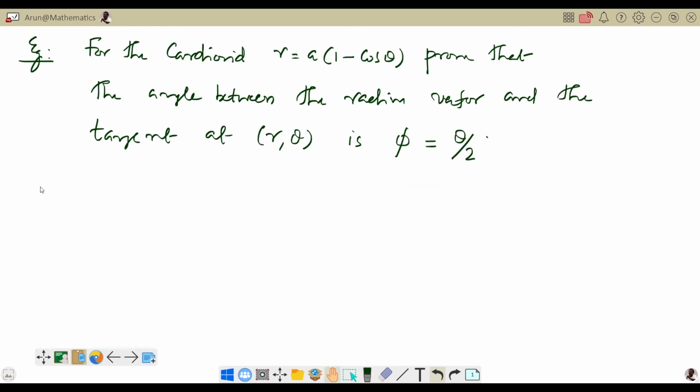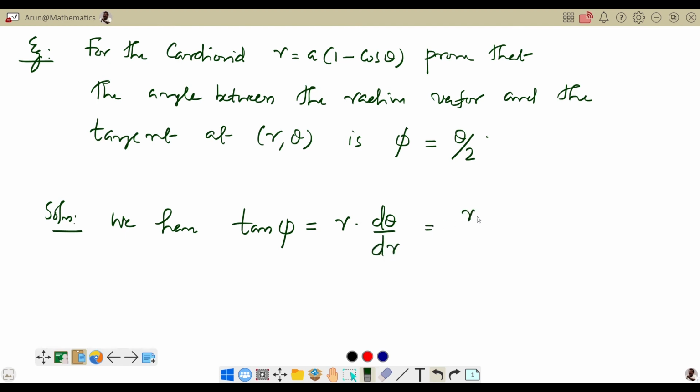Solution: we have tan phi equal to r into d theta by dr. So this is r into 1 by dr by d theta.